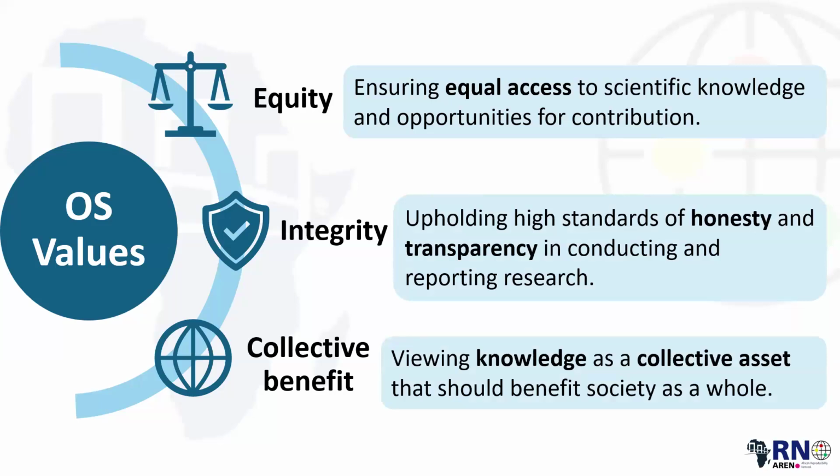As we said, open science thinks of knowledge as a public good. It's a public property that everyone should have access to, and there should be no discrimination in that. So collective benefit is viewing knowledge as a collective asset that should benefit society as a whole.